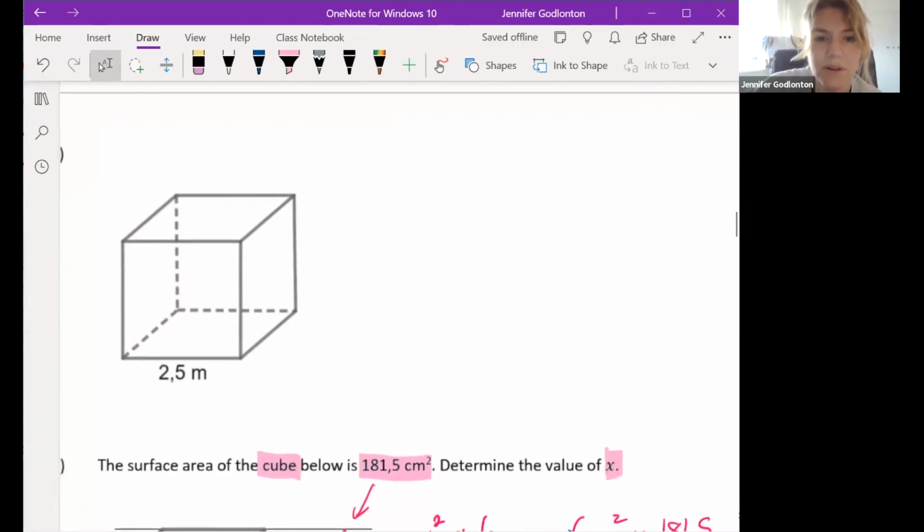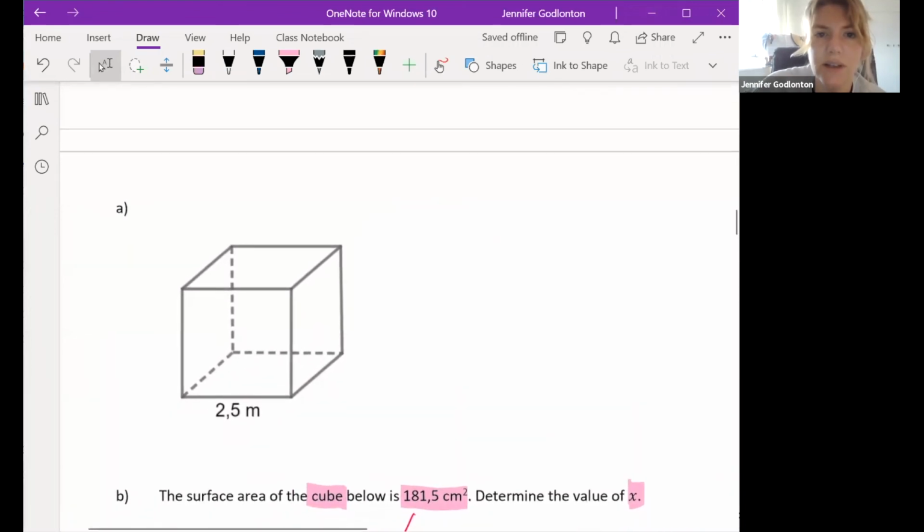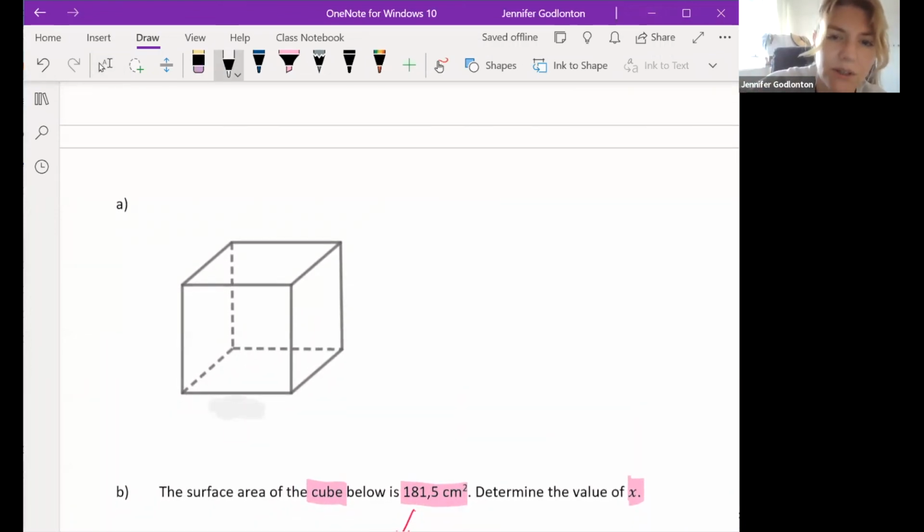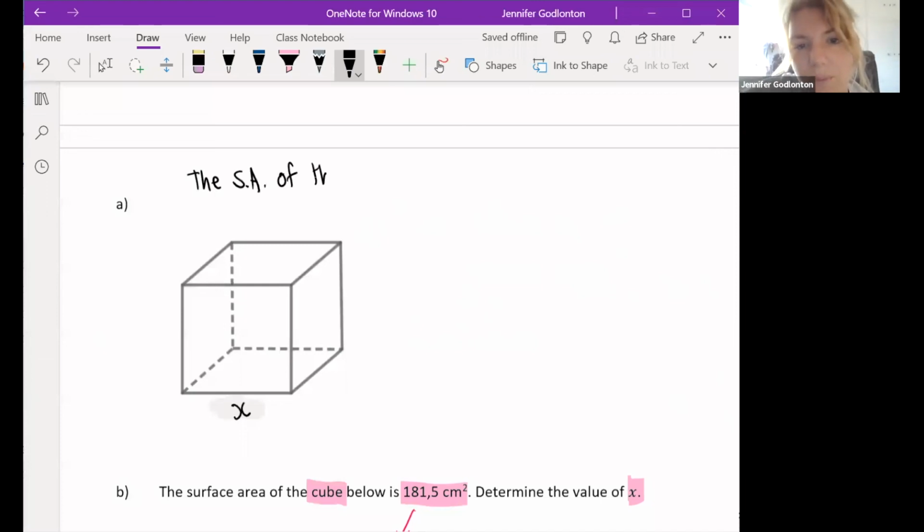I think I'm going to keep this. I'm just going to do this a little bit differently. So I'm just going to change this question. Okay, so I'm going to make that x, and I'm going to say the surface area of the cube is 71,415 millimeters squared.